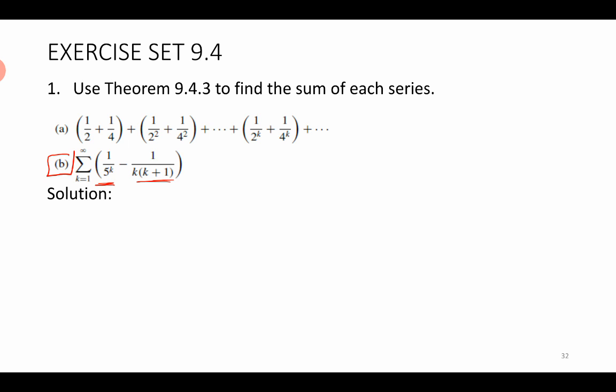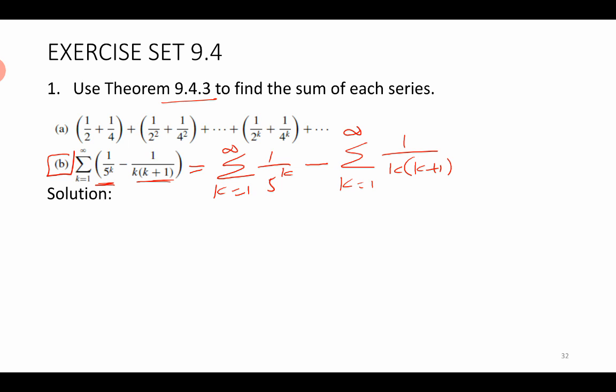We will try. This can be written as summation K from 1 to infinity of 1 over 5 raised to K. The second series is a subtraction, isn't it? The rule that is in theorem 9.4.3. Check back. Summation K from 1 to infinity of 1 over K times K plus 1. I just take the second series. The first series is very easy. You can check when K is 1, what is it? 1 by 5, 1 by 5 square, 1 by 5 cube.